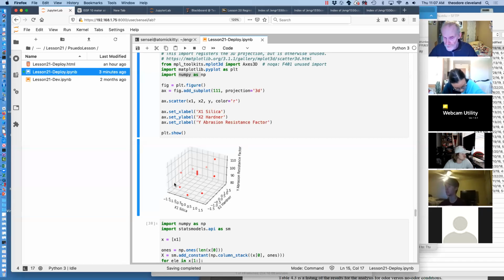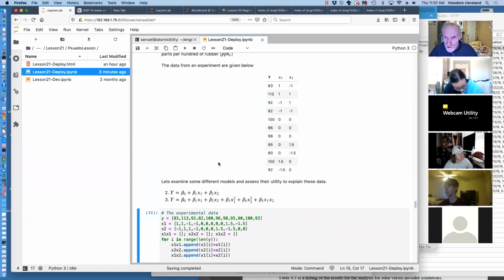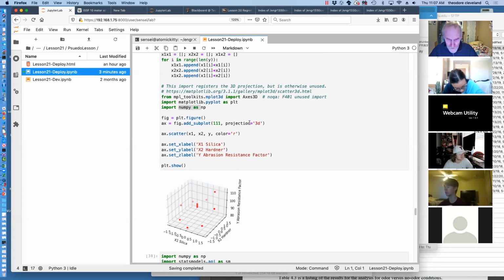It's hard to visualize, is my point. We've got these three dots right in here, which correspond to these three places right here, the 0, 0. Then we have some dots over there and back here that are representing our different combinations of x1, x2, and their predicted value of y.